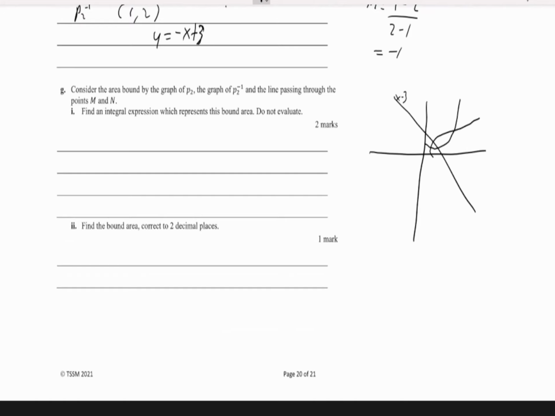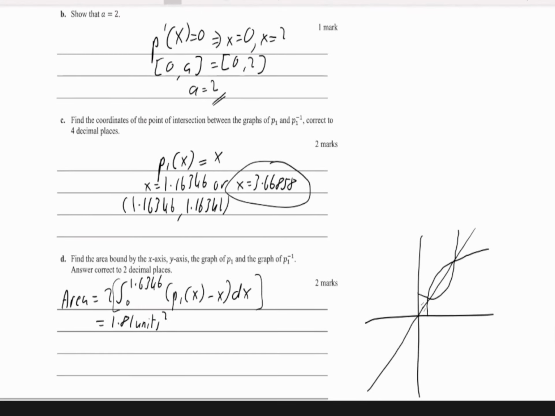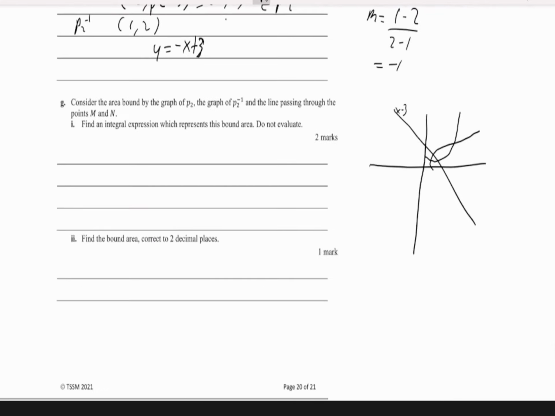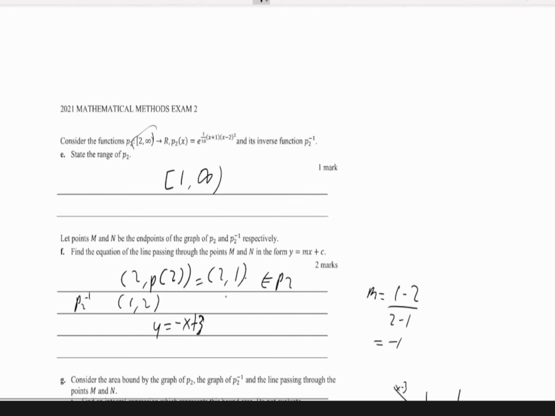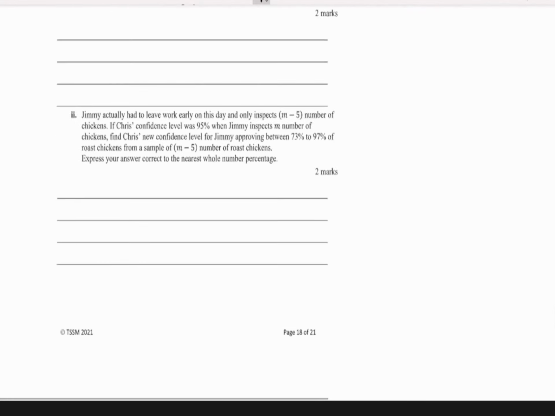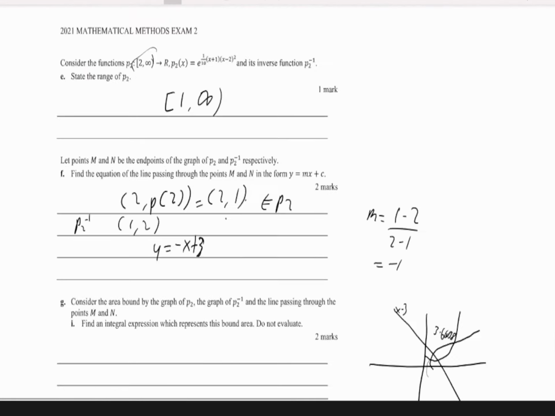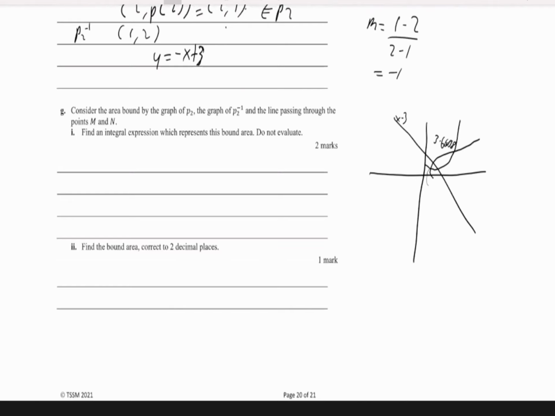This is a really bad drawing, but it's kind of what it's supposed to look like. The 2 intersections between the 2 graphs are these 2 values over here. This one is 3.66858, and this one, we found earlier, is 1.16346.